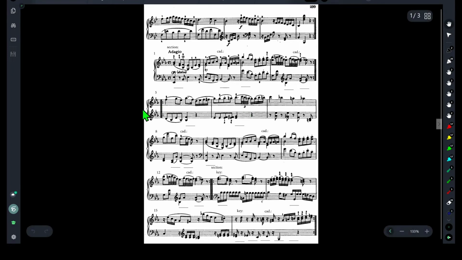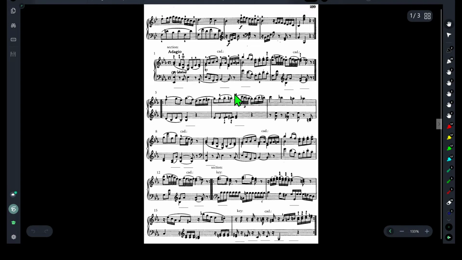So again, listening to it. And that's obviously the half cadence there, okay? So two ways you can argue it. You can say, I've got a cadence here, or you don't.